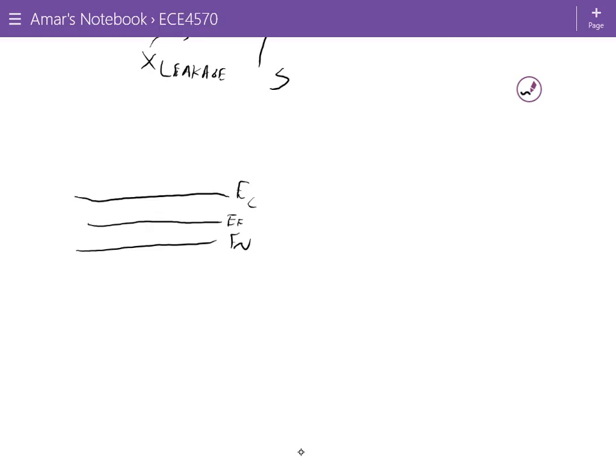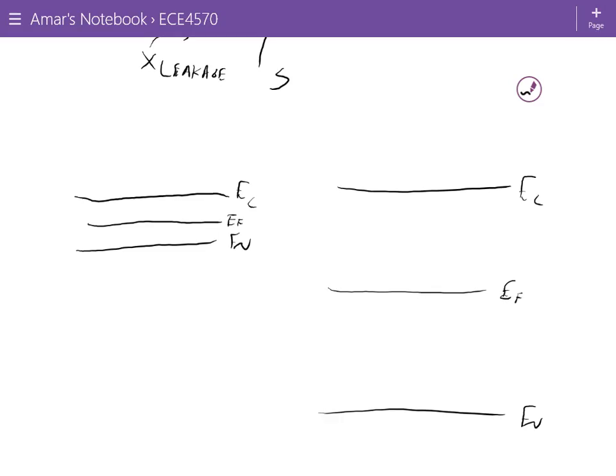An example of an insulator is something that has two bands and the Fermi level is between them, but the spacing is very large, so you don't get very much carrier concentration. The point is, you can still have a Fermi level, a conduction band, and a valence band. Most of the time there's nothing happening in the insulator, so we don't even bother drawing a lot of these things.